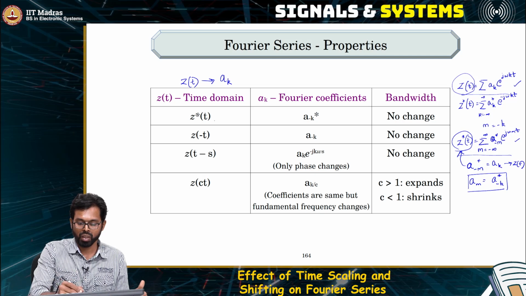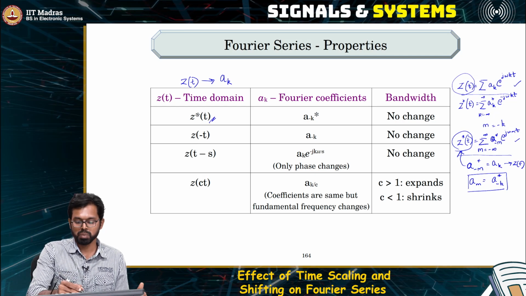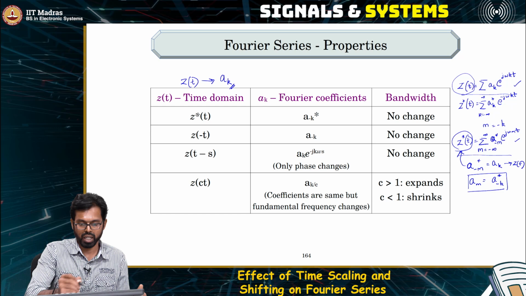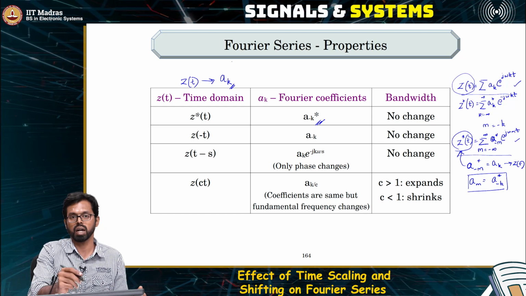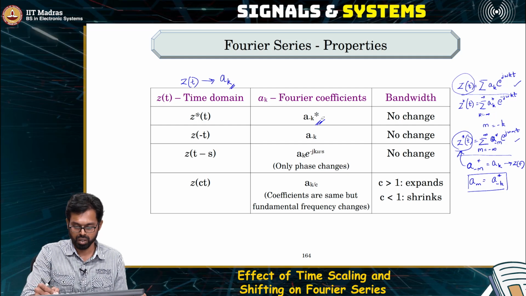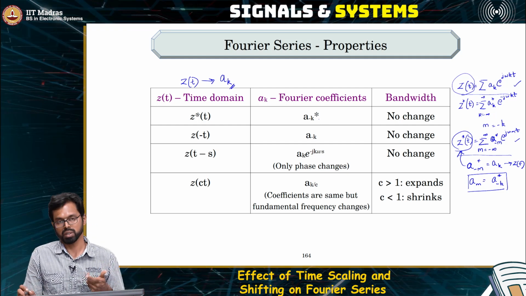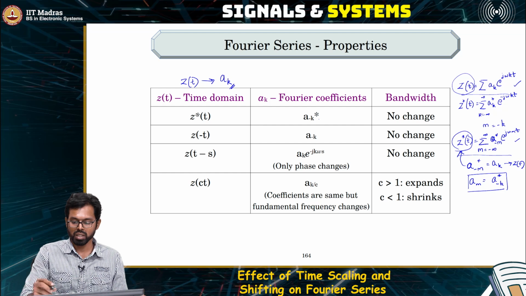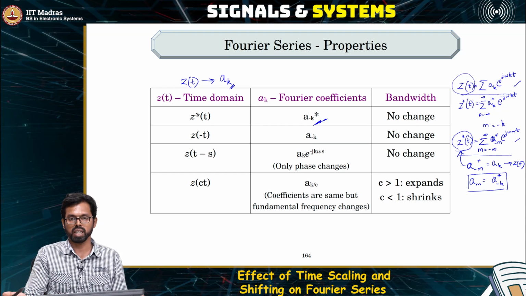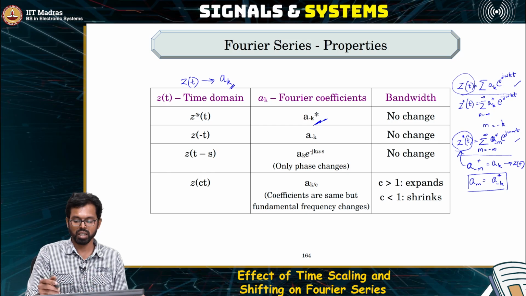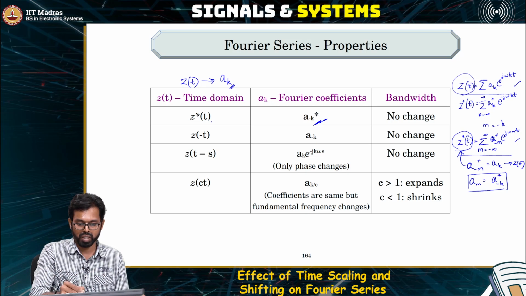That is, if 10 radians per second had a coefficient of a_k, when you take the conjugate, minus 10 radians per second will have that coefficient conjugated. So similar to time reversal, there is a spectral reversal here. Whatever was the spectrum on the right hand side moves to the left hand side, and the other way around, if you simply take conjugation.